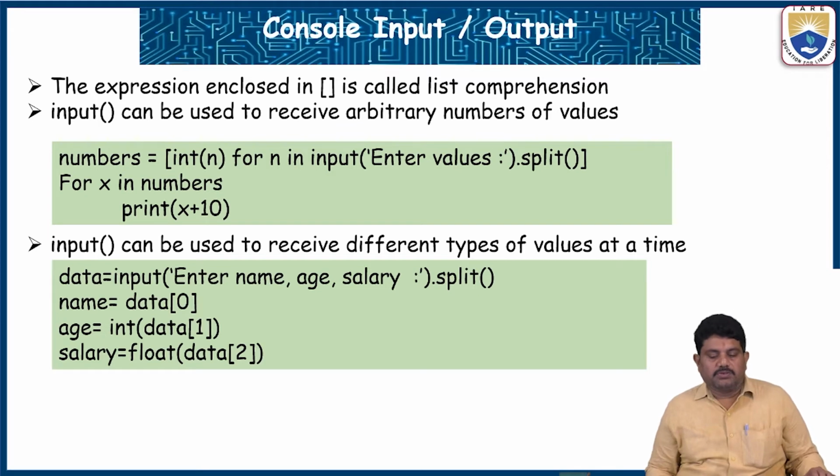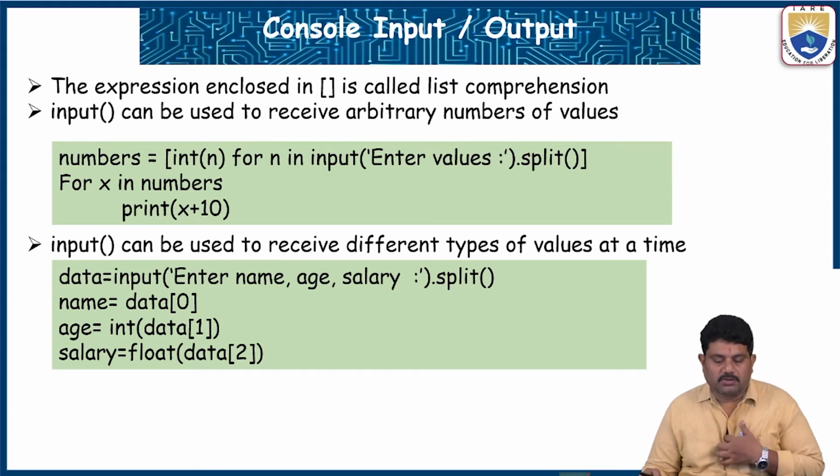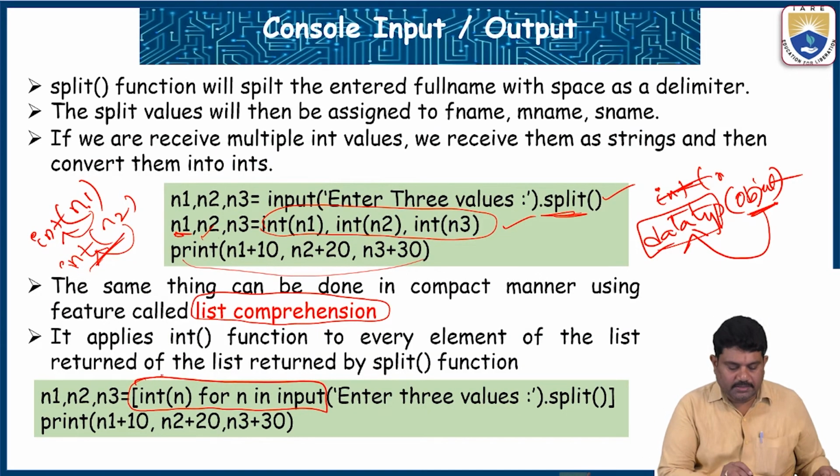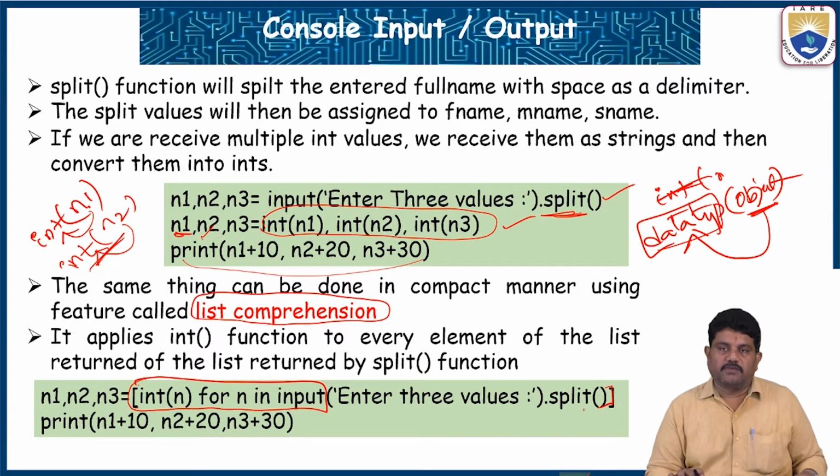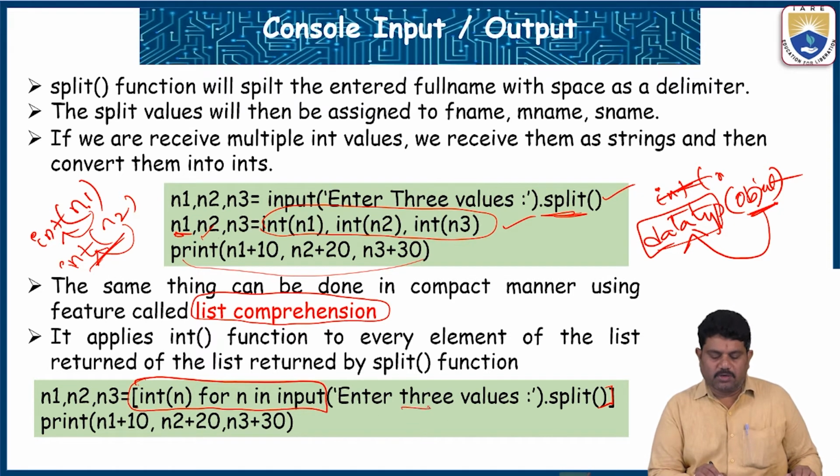The expression enclosed in square brackets is called list comprehension. So list comprehension you have to use like this. In brackets you have to enter all this. This is the syntax for the list comprehension. Int of n for n in input, enter three values like that. How many values you want, you can specify like this here. And the split function.